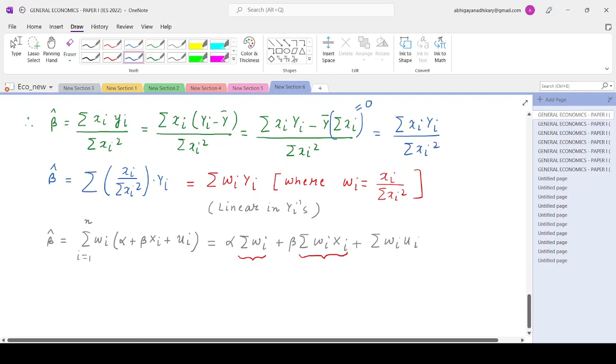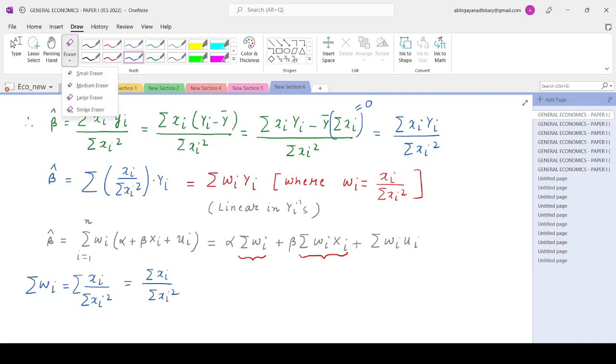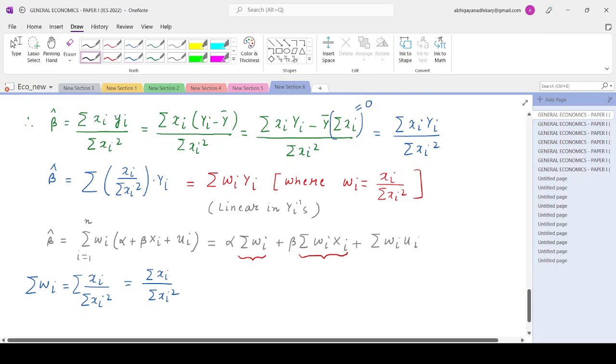So now note that what is wi? I have already shown you. It is small xi by summation xi square, and I need to calculate what is the sum of this expression. So this sum can easily go in the numerator because the denominator is a constant and it can be taken out. And again, by the logic that I just used, the numerator is 0, the sum of deviations, so summation wi is 0.